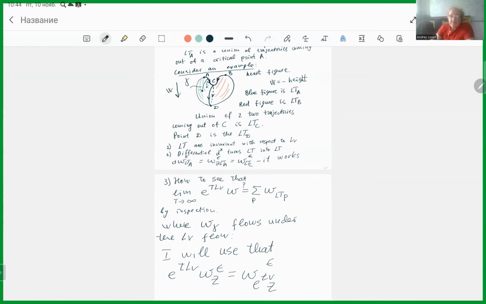So differential form that is concentrated on a side or on a chain flows with the chain.